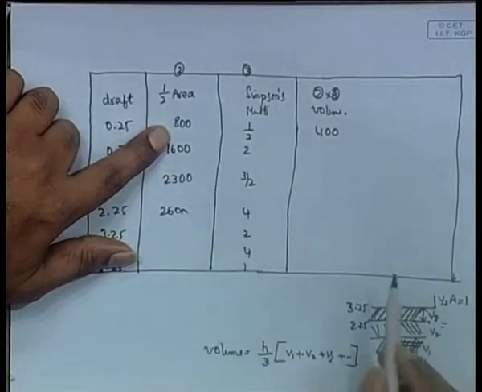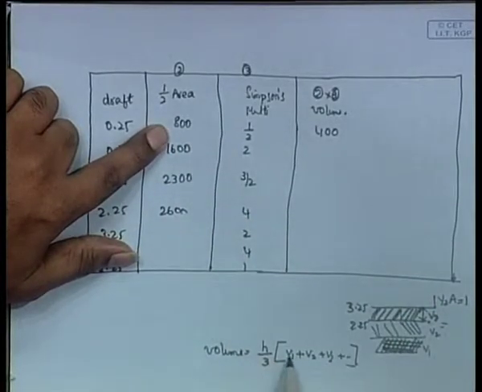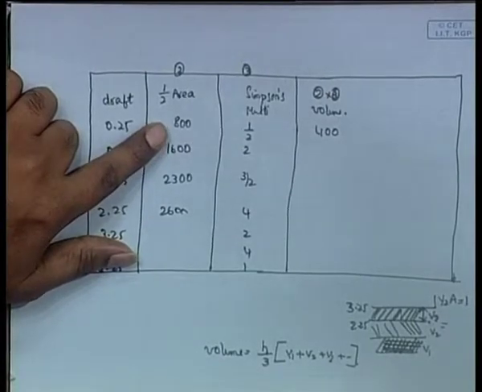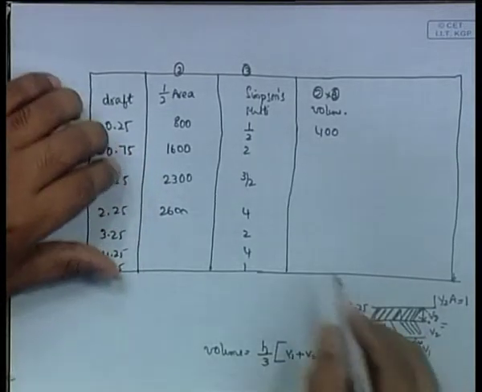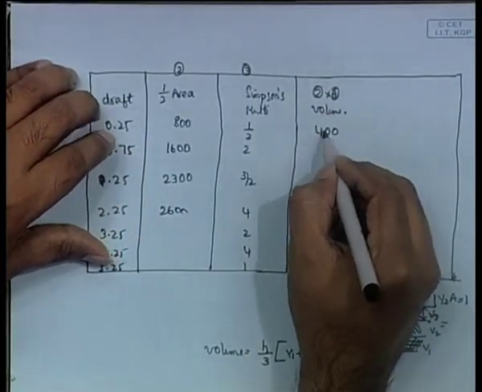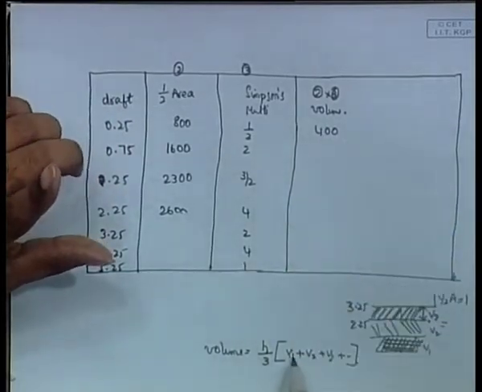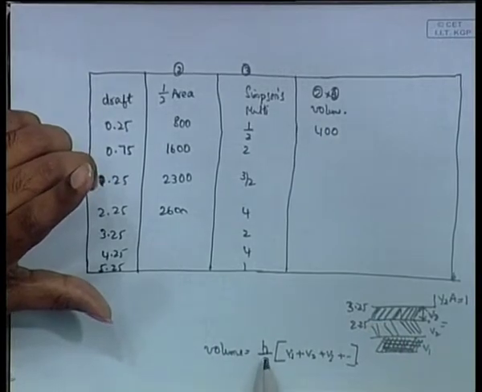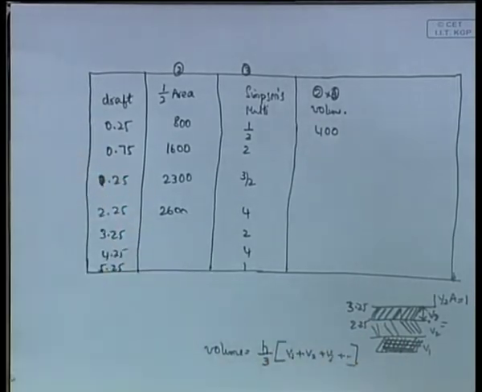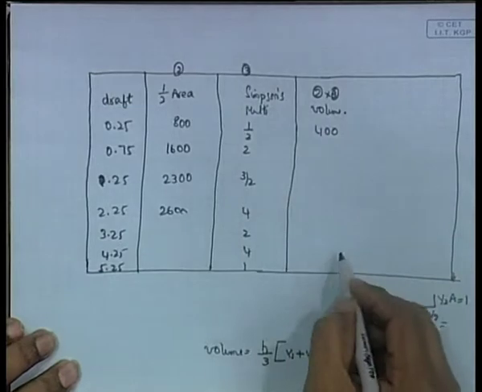This small V1 into h by 3 into that Simpson's multiplier will give you the volume of that section. So this gives you some function of volume. When you sum them up and multiply with h by 3, you will get the total volume under that whole draft. So this is the function of volume.